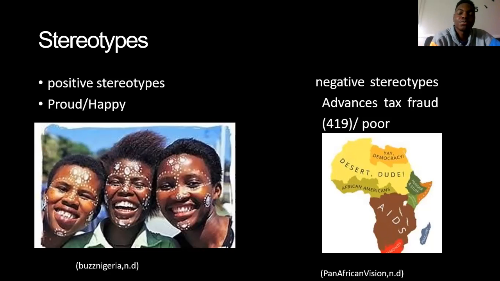Anyway, there are also negative stereotypes about advance fee fraud. I even see this in most meme videos of Nigeria. It's even in recent movies, like one I watched, Blackfish. They make a reference to Nigerian scammers and advance fee fraud, which is not true, because Nigerians are not really known for that kind of thing.